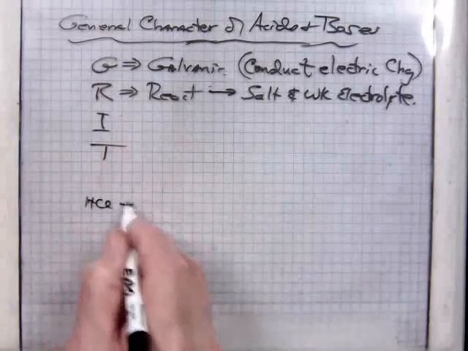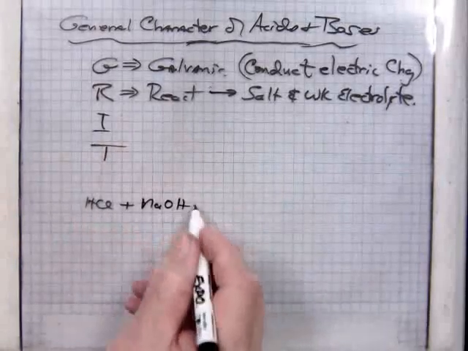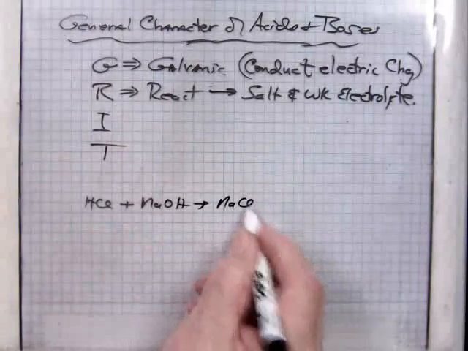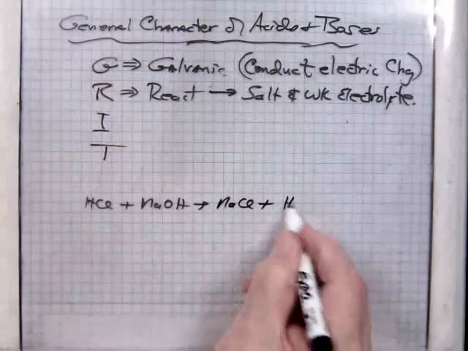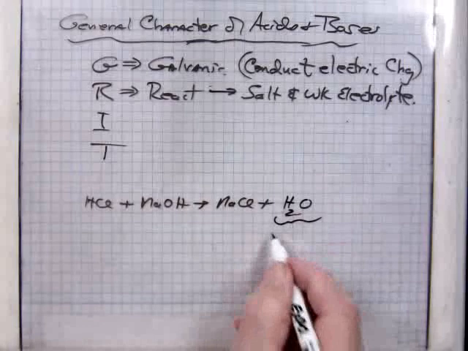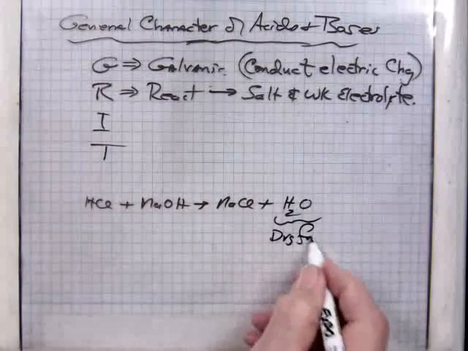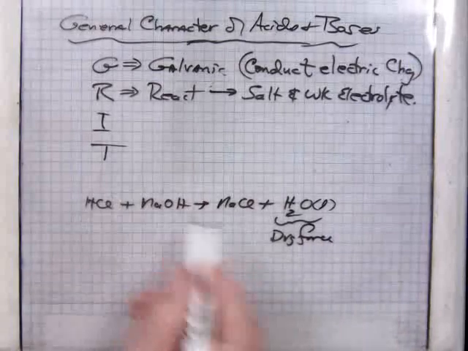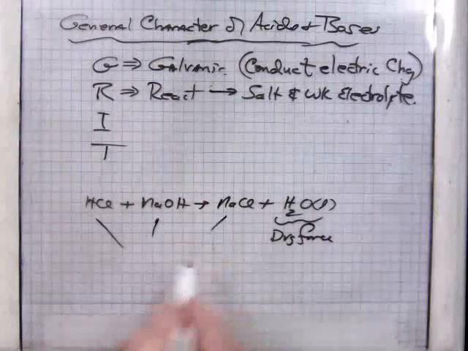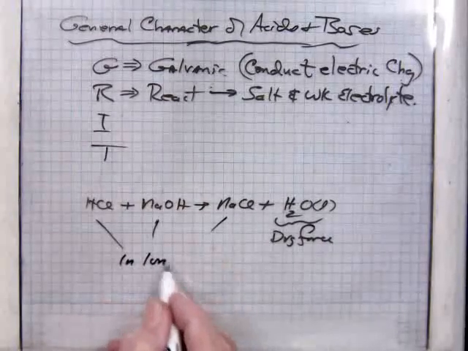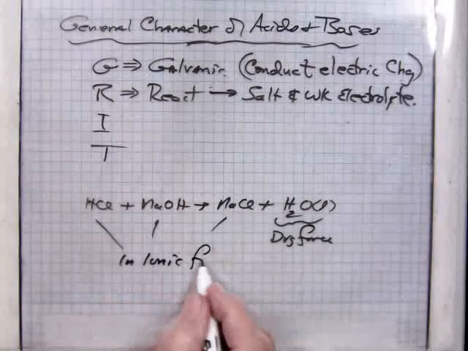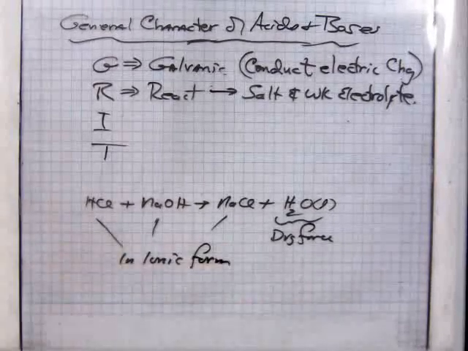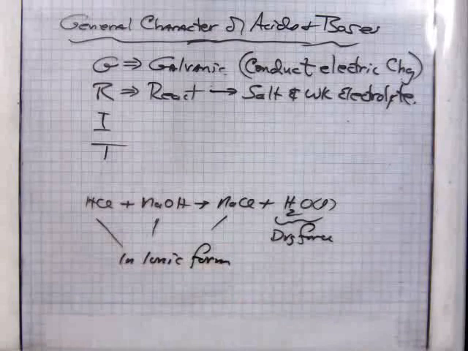HCl plus NaOH goes to NaCl, salt, plus H2O. Well, this is the driving force because it's now not in the form of these other compounds. These are in ionic form. That is, they split and become ions in solution.